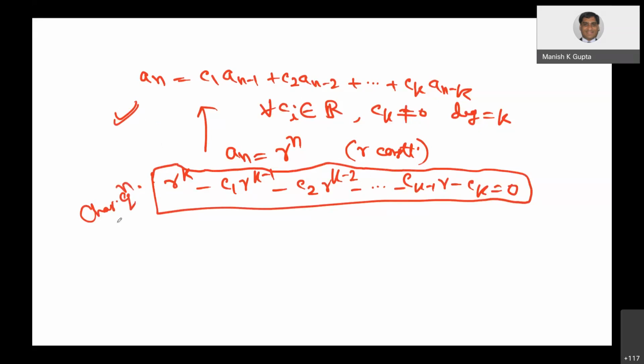Once we solve the characteristic equation, depending upon the nature of the roots of this equation, we can actually get the solution. To simplify the case, let us focus on the degree 2 equation. Okay, so let me give you a degree 2 equation and the result. What is the result for degree 2?